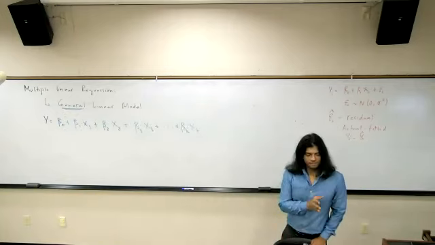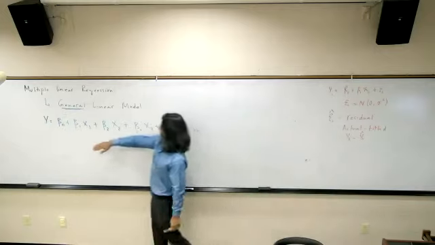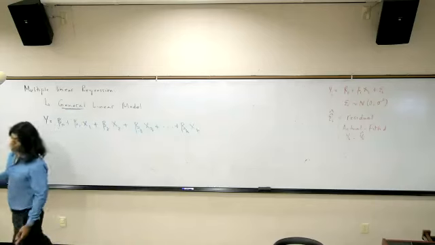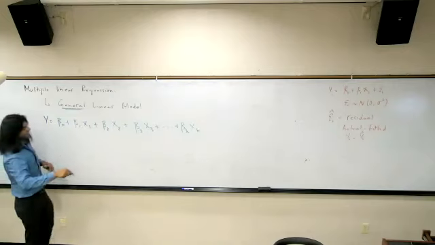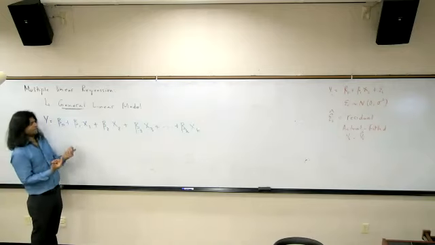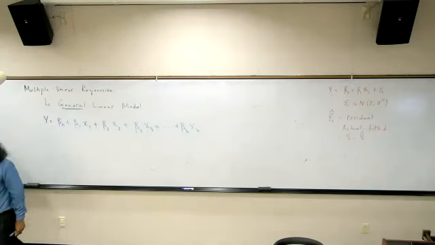Good. It is simply an extension of that simple case. Or I could say a simple linear regression is a simple case of multiple linear regression. Good. You have more than one predictor.